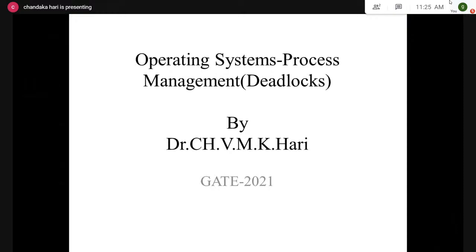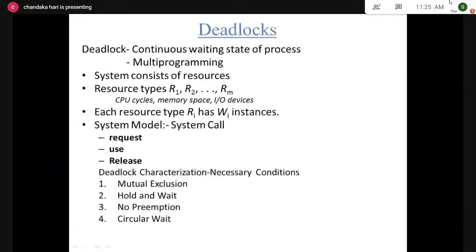Now coming to the last topic of discussion in process management, which is deadlocks.